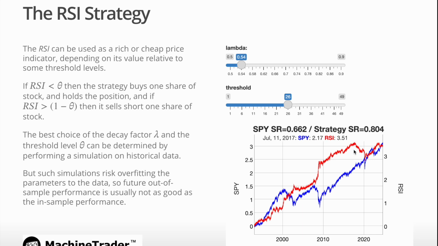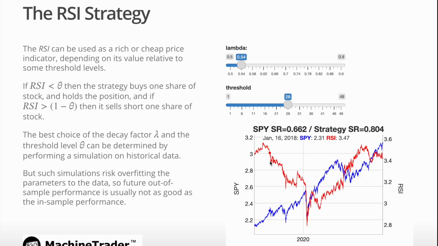Unfortunately, the performance is very good up until about October 2017, but after that, the strategy did not perform well. You can see from 2017 into early 2020 it actually lost money, and after that, it started recovering.